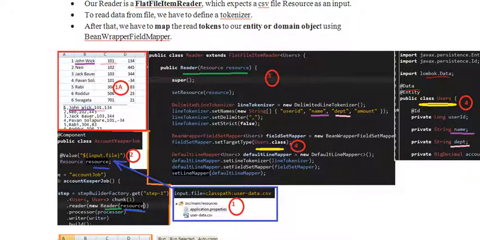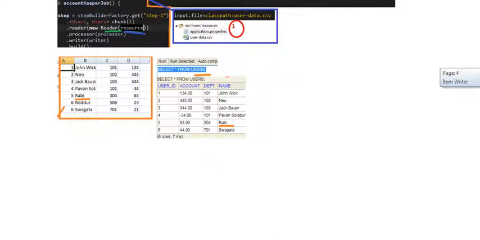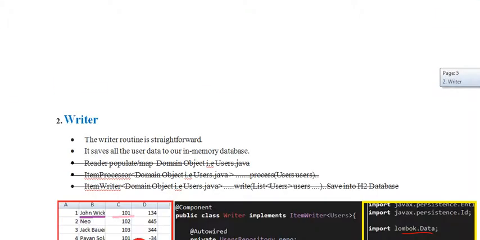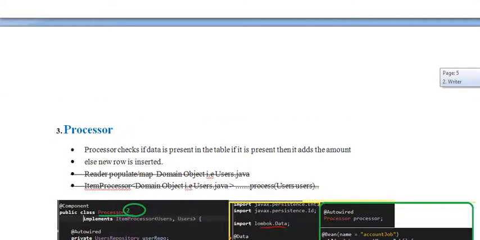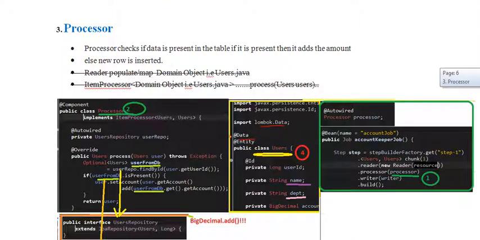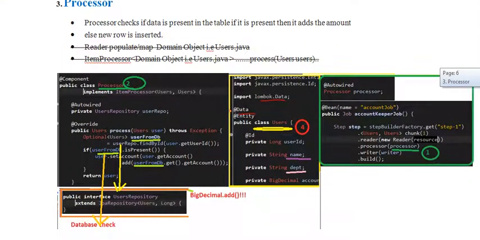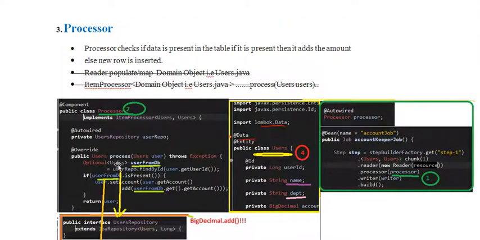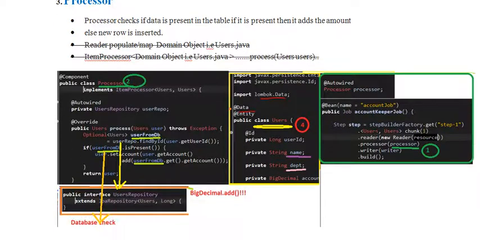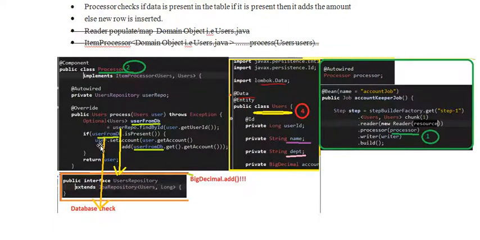In the reader we have mapped it. In the processor, here also we have the domain object, and it also checks the data present in the H2 database, and if that data is present, then only it will override with those entity objects.